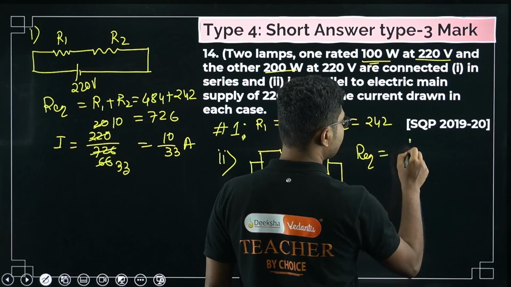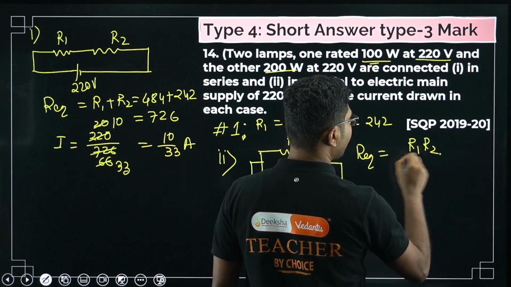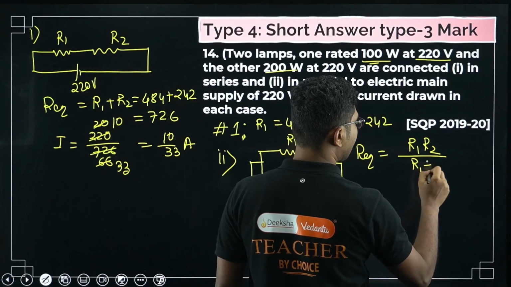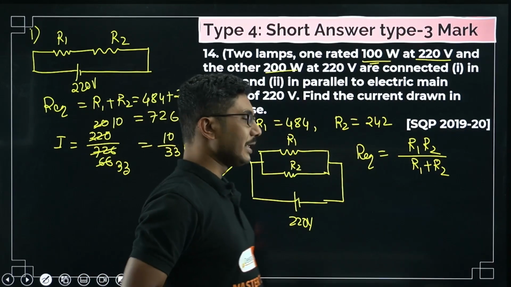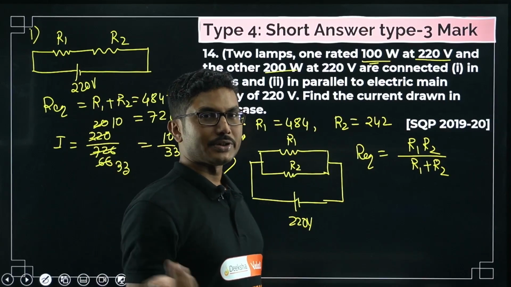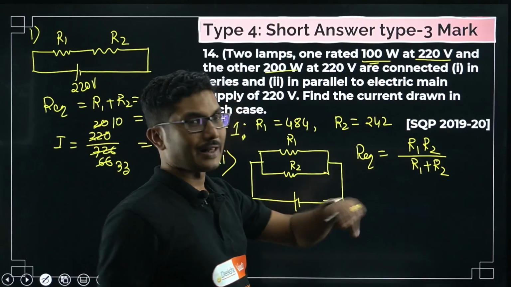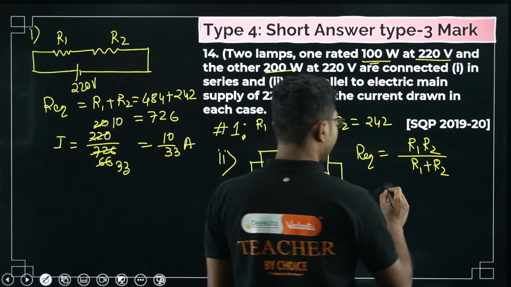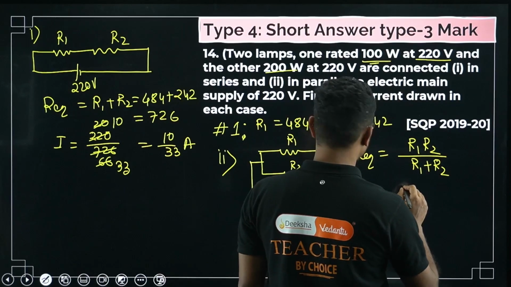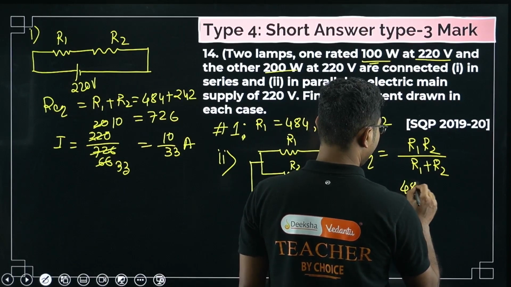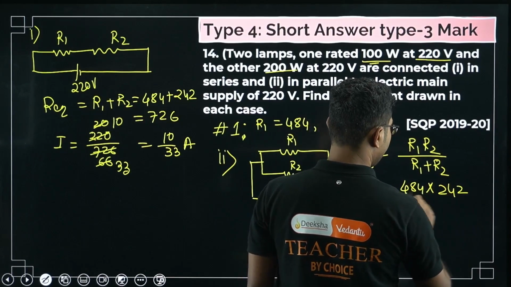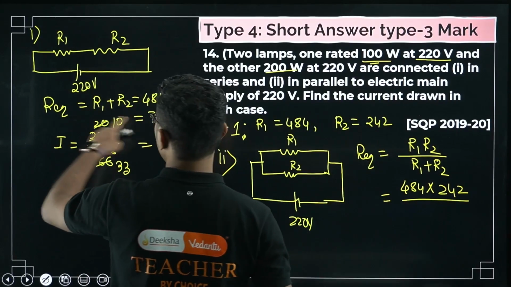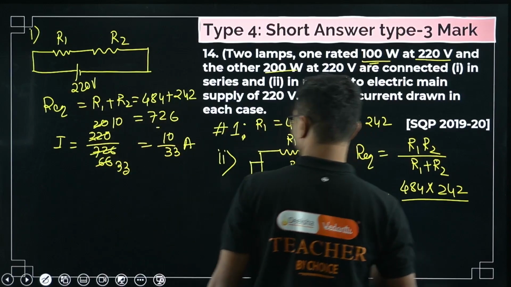R equivalent in this case is R1 R2 divided by R1 plus R2. I told you how you can calculate the equivalent resistance when two resistors are connected in parallel. This formula is valid only for two resistances. So R1 R2 is 484 into 242 divided by R1 plus R2, which we have already calculated, 726.